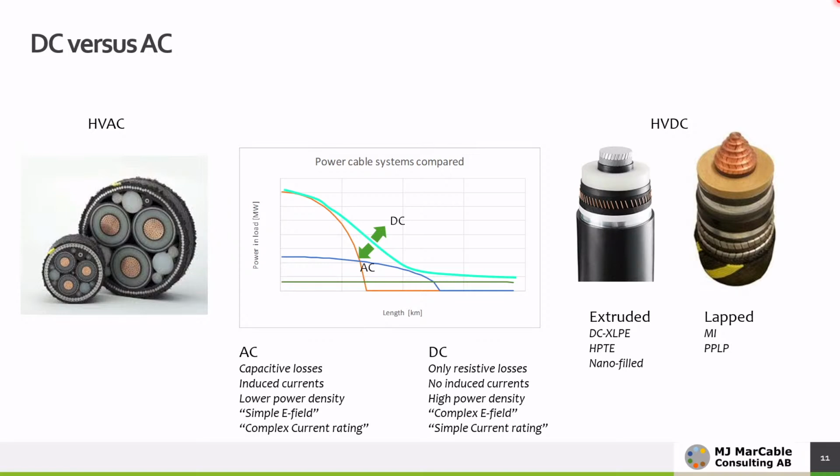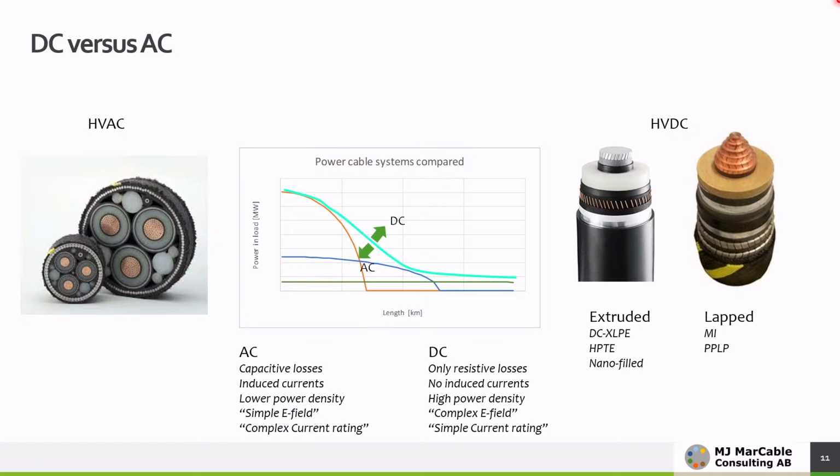But more to the heart of the matter, if one looks at the AC cable, it has what we call capacitive losses. When you put an alternating voltage on the cable cores, it will generate its own current. And due to the ohmic losses in the conductor, it will heat up just by being a cable, just by its length. The longer the cable, the greater these losses. So here you already understand there is a length limitation of HVAC cables.